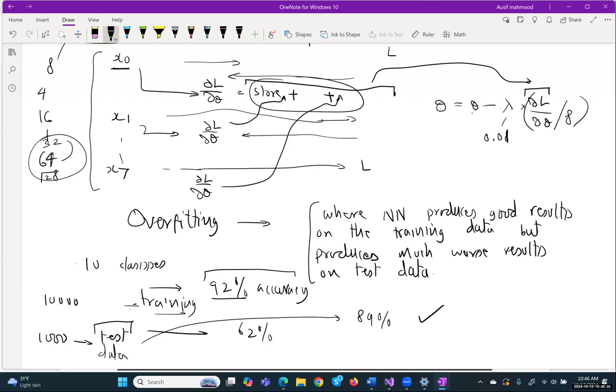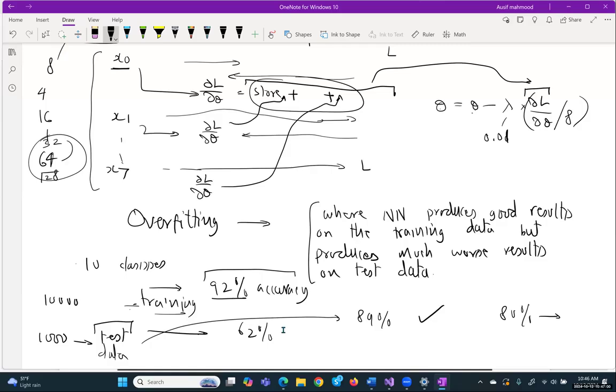But if the difference is relatively large, for example 92% on training data and 80% on test data, to me that is still an overtrained or overfitted model. So we need to go back and either train it less or make the model less complex.